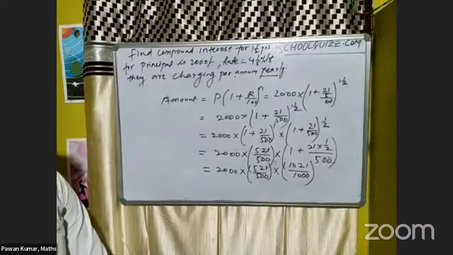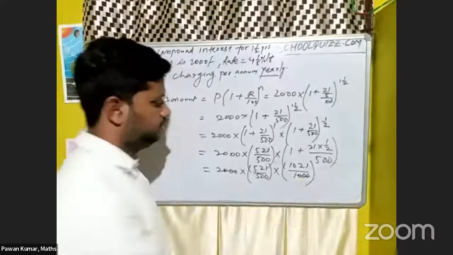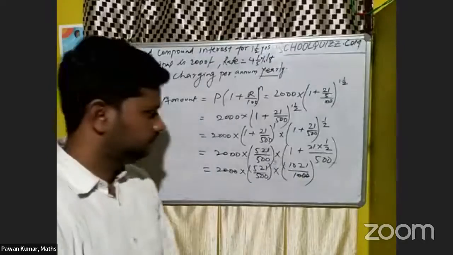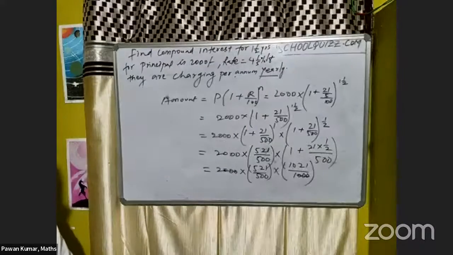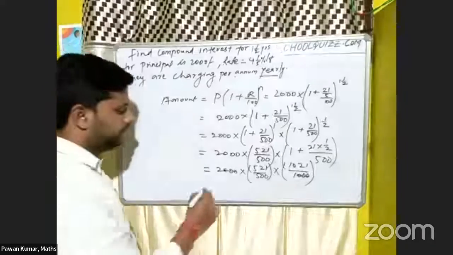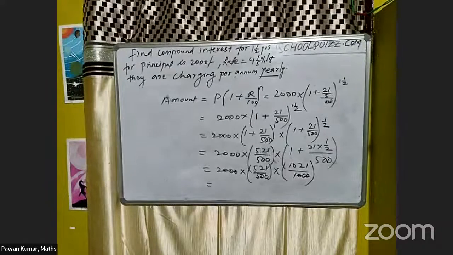Understand this? Now calculation only there. Make it this 3 cancel here. Okay. Understand, Rani? Yes, sir.